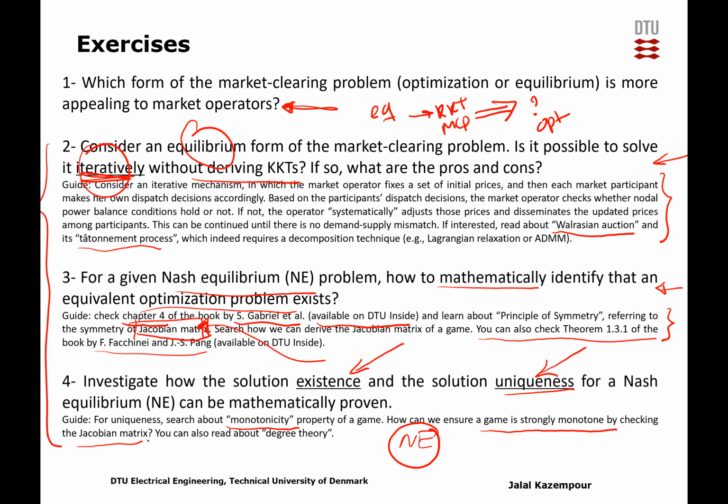If you are very, very interested, you can also read about degree theory, which is a more complex theory to understand the solution uniqueness of a Nash equilibrium. So here in the exercises, I provided you a lot of keywords and some references. So just go and read and search what you can do.